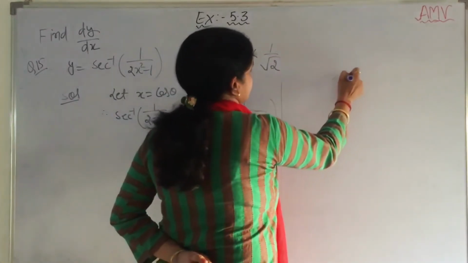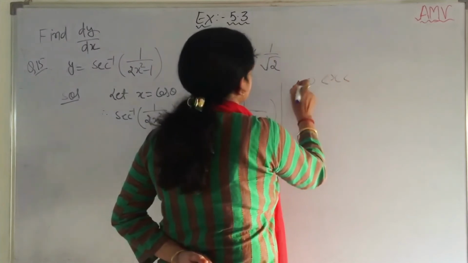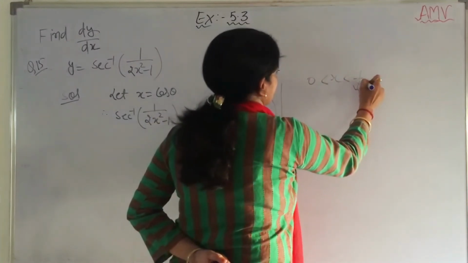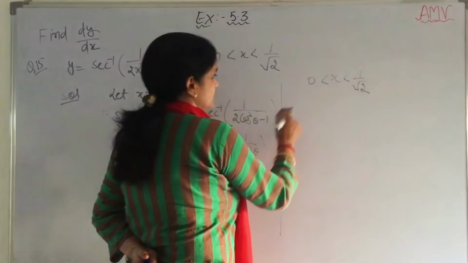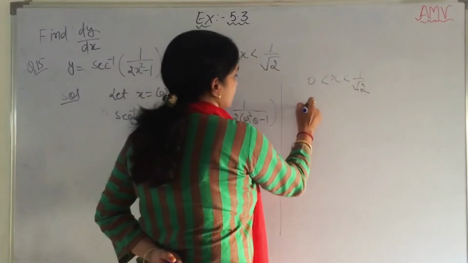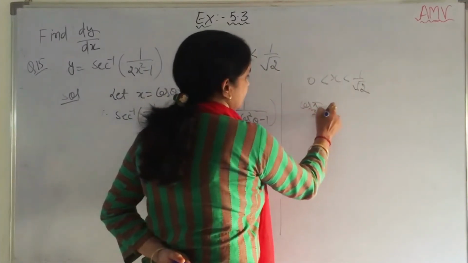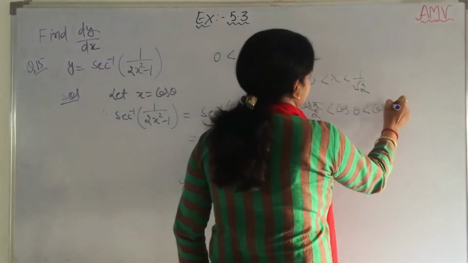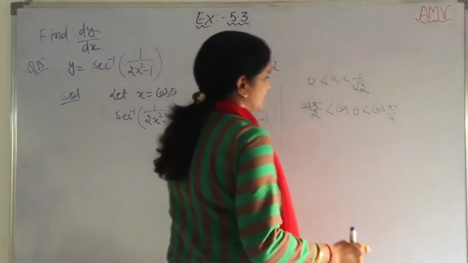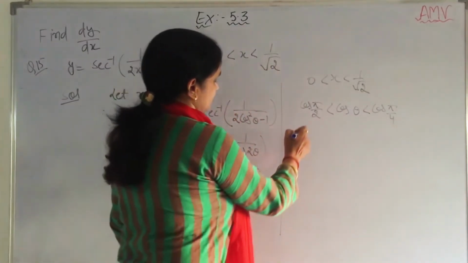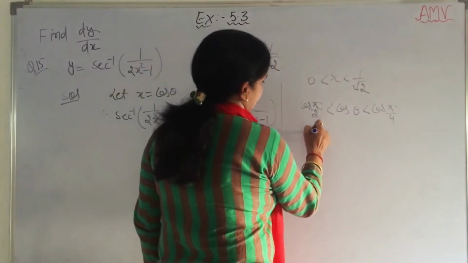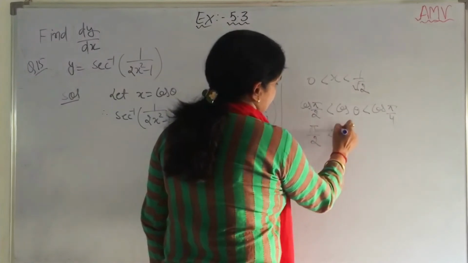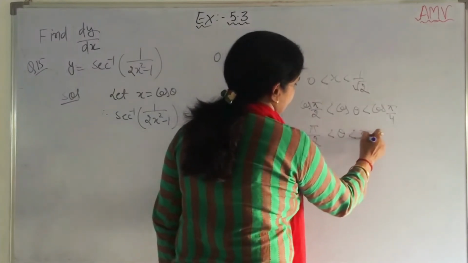Now take this step. x is between 0 to 1 by root 2. Here x is cos theta and cos pi by 2 is 0. So write here cos pi by 2, it's cos theta and it's cos pi by 4. Okay. So it is pi by 2, theta, and here pi by 4.